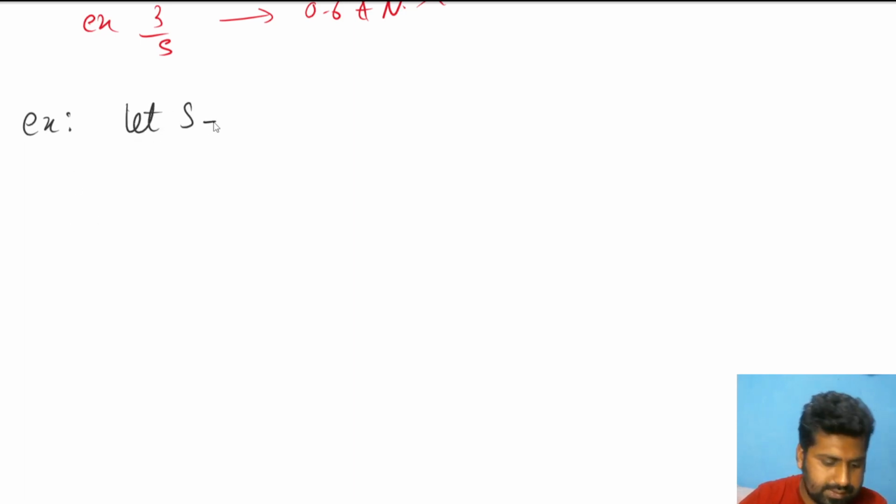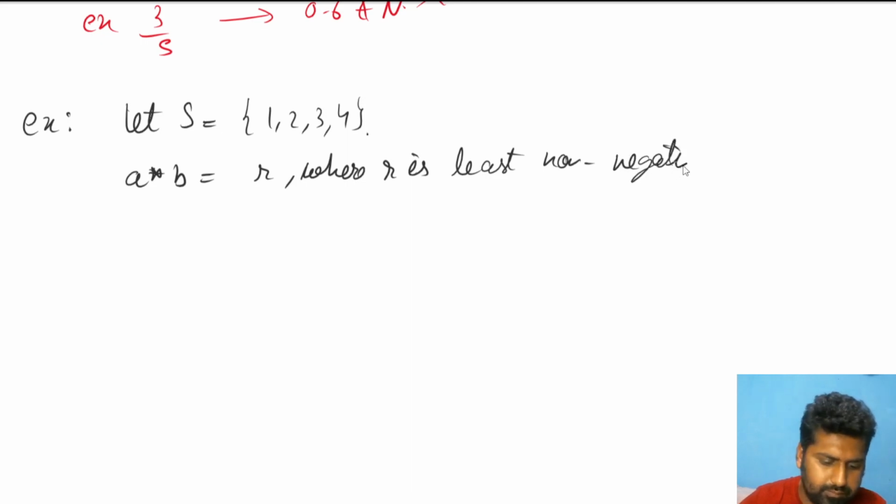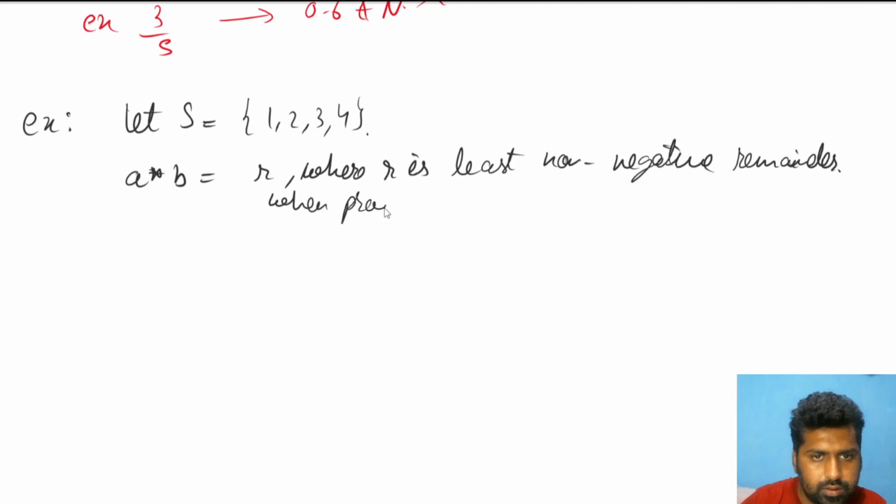Let S be 1, 2, 3, 4. Okay, 4 elements, and we have defined A star B is R, where R is the least non-negative remainder when the product is divided by 5.